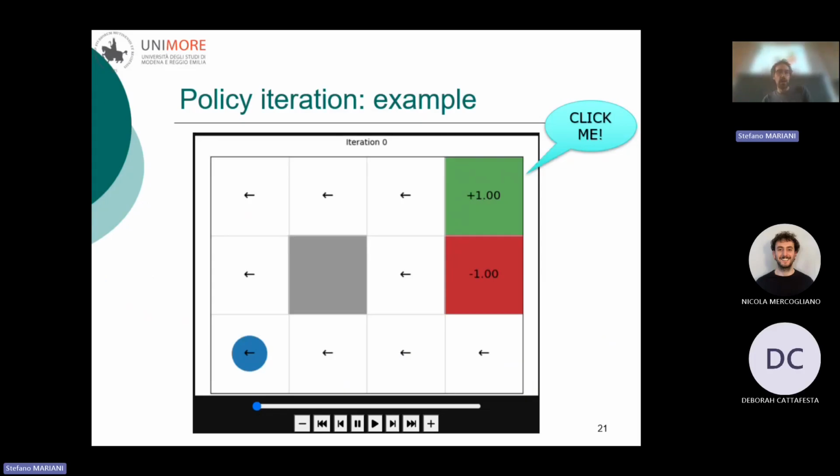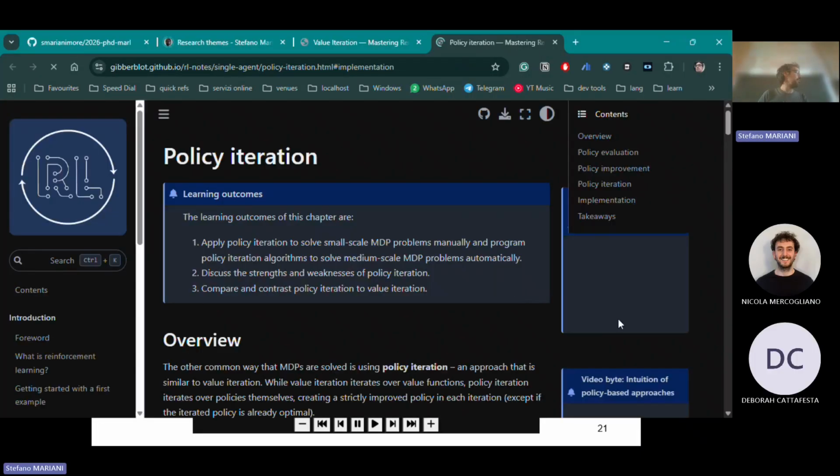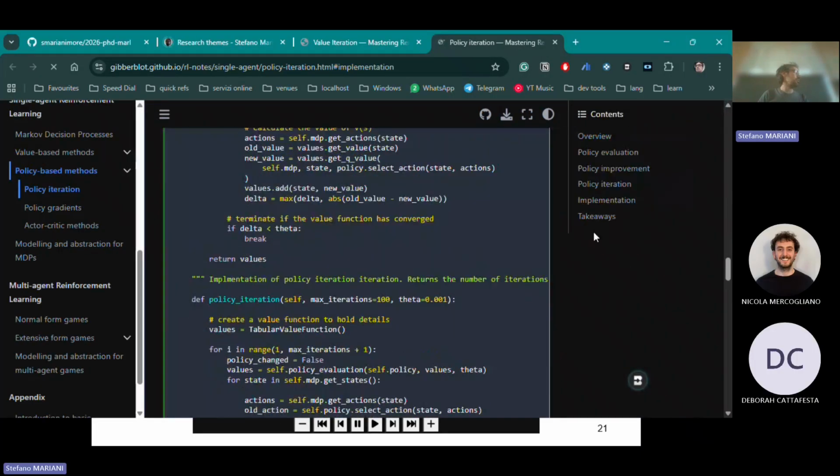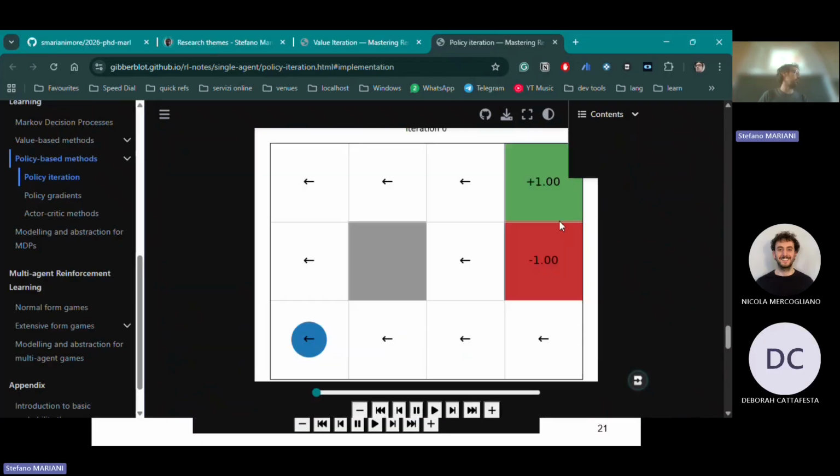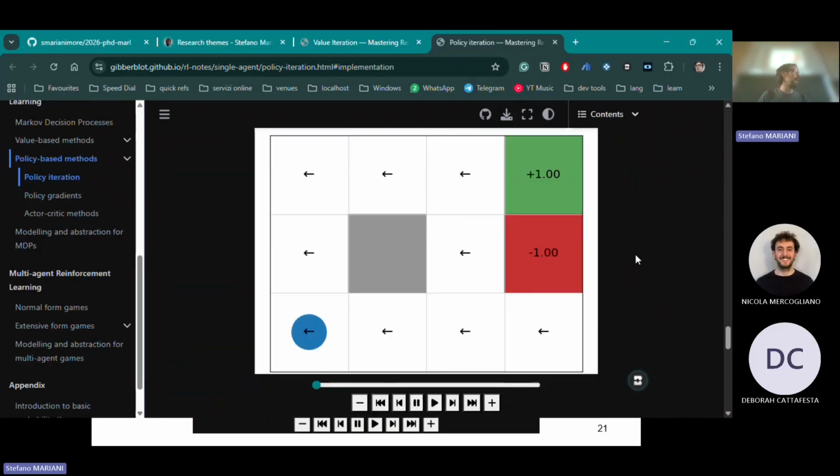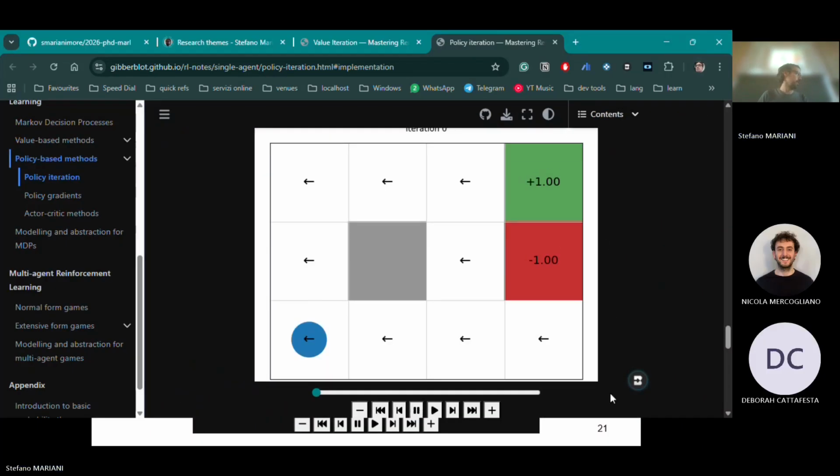We can see an example on the same domain that we analyzed before. In the previous example, we focused on the state value function, so we had numbers in all the tiles, because the numbers were the V value of each state.